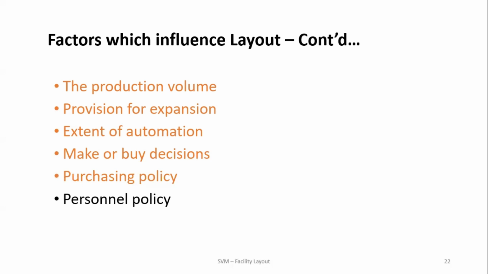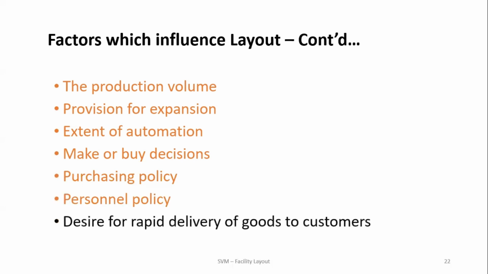Those also will have an influence on your layout. Desire for rapid delivery of goods to customers: how fast I am planning to dispatch material to my customers, how fast I am going to manufacture. This is basically for service-oriented organizations.